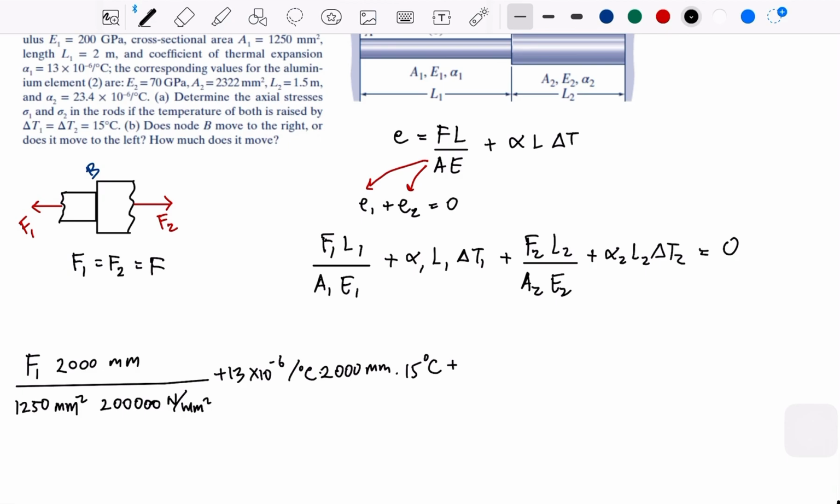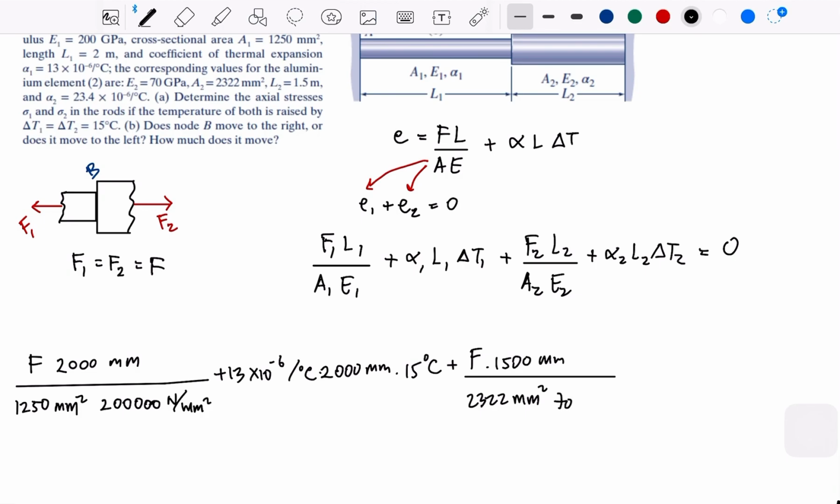And plus F2, or let me write F1 and F2 as just F. L2 is 1.5, so 1500 millimeter. A2 is 2322 millimeters squared.